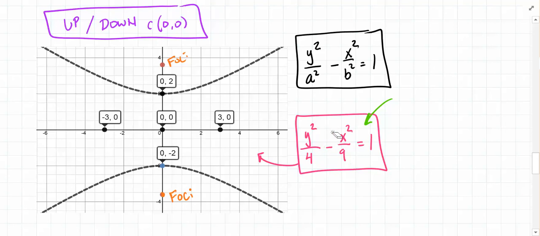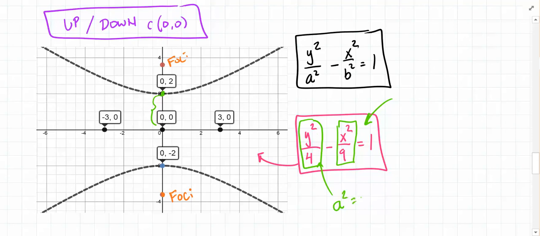Then I would recognize the fact that because this term is the positive term and this term is the negative term, whichever one has the positive term in it is going to be our value of A. So I know that our A squared is going to be underneath our y in this case because it's the positive term. So A in this case we saw was a value of center to vertex over here, which was 2 units. So therefore I'm going to get y squared over 4.